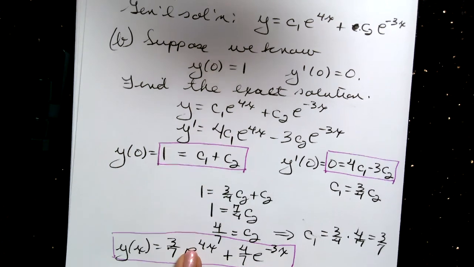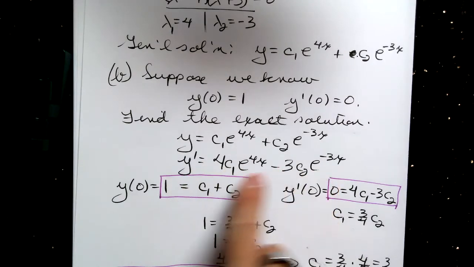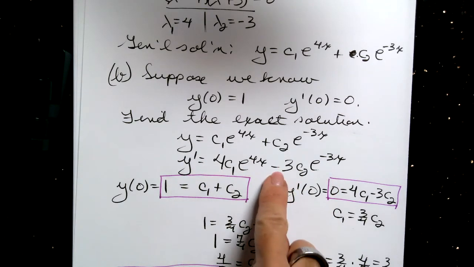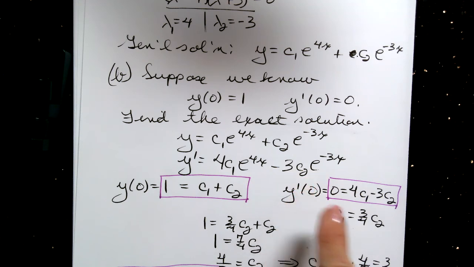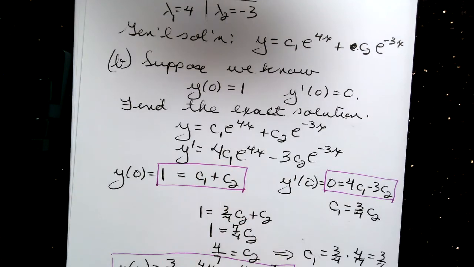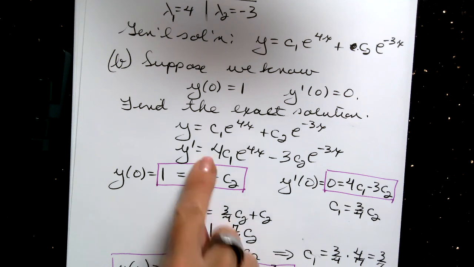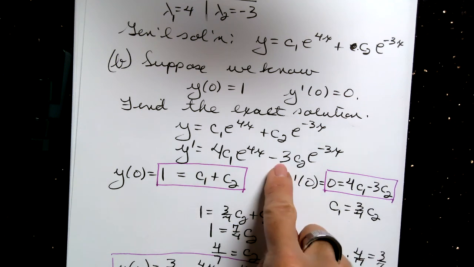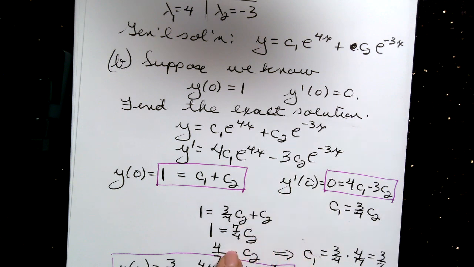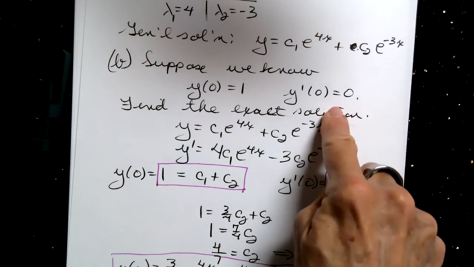that's 7/7, that's 1. And y prime at 0, you have to remember what C1 is. So it's 4 times C1, which is 12 sevenths, minus 3 times C2, which is 12 sevenths, you add them together, you get 0, which is that condition.